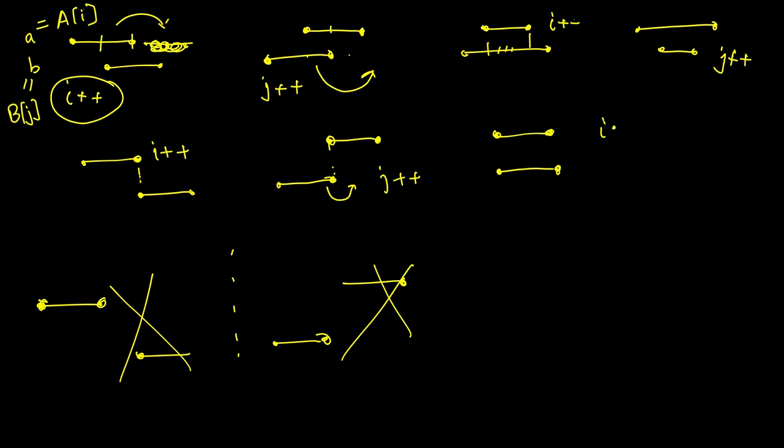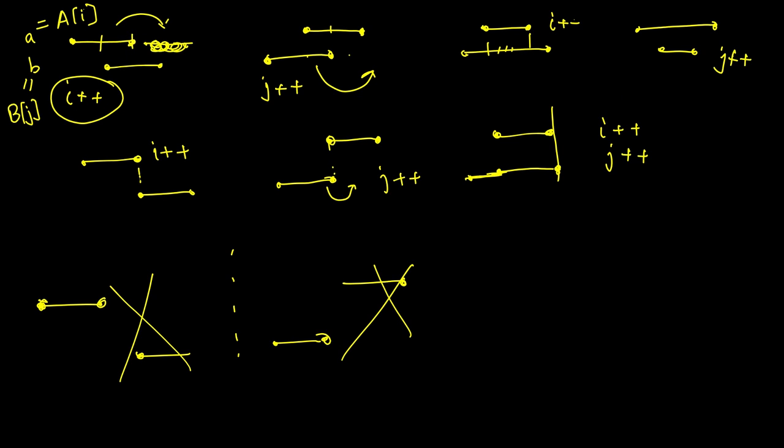And here we will increment both. Or this may be this case also, if one of them is longer, but their end time is the same. So you see that this increment is governed by their end times.